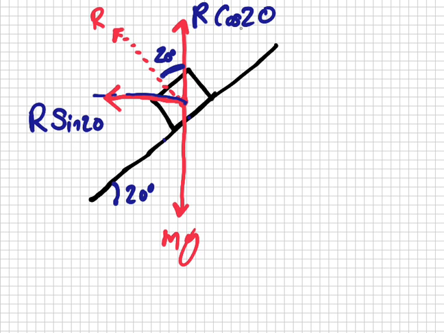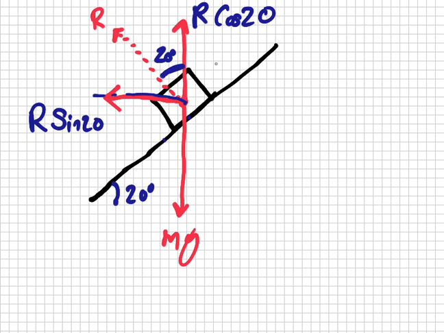If you look here, R cos 20 must equal mg. But R sine 20 could be the force that makes it travel in a circle. I think the reason I said the friction must go up is because if it didn't, the car would want to slide down.